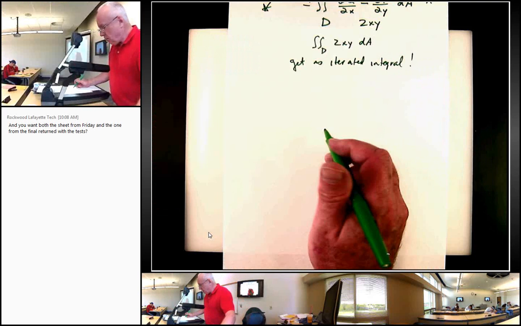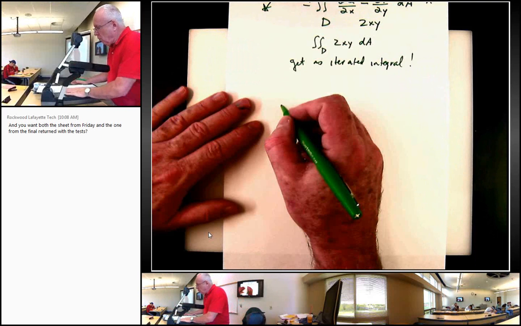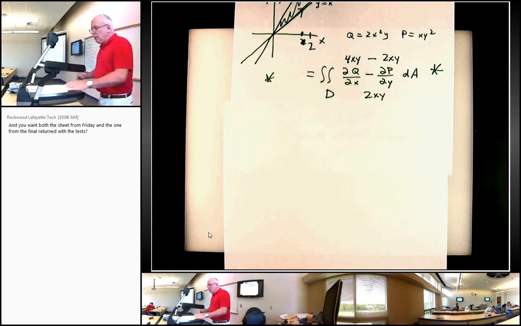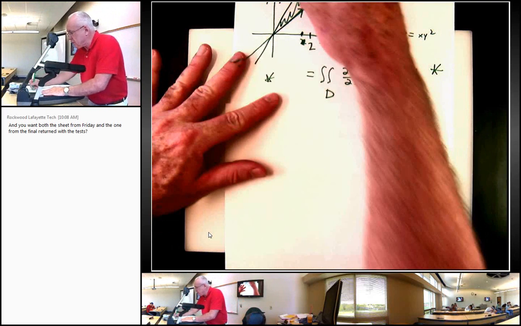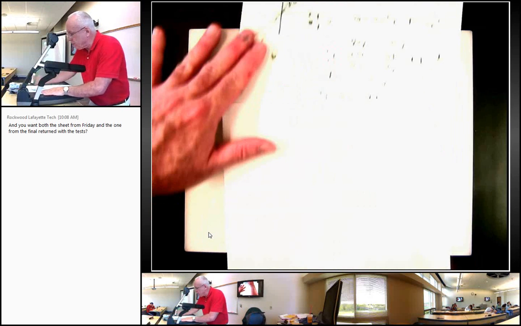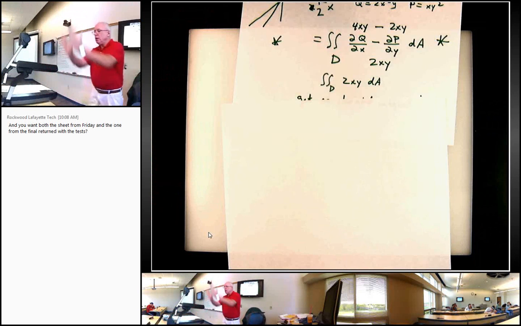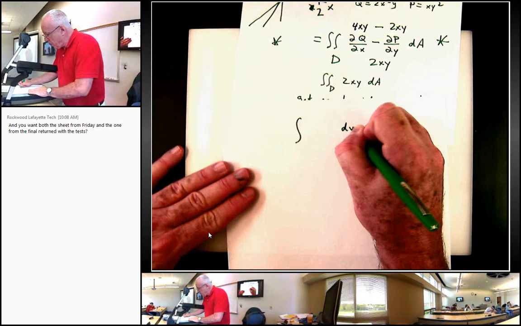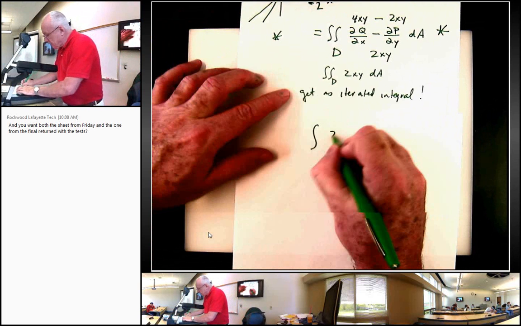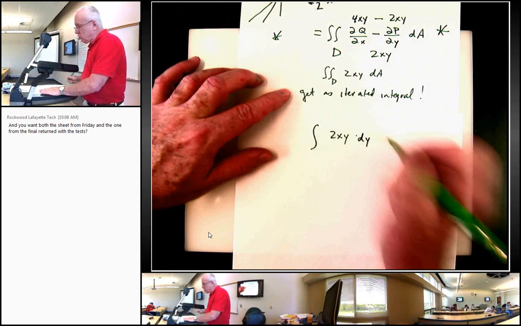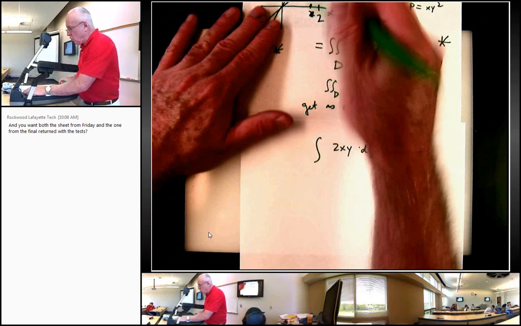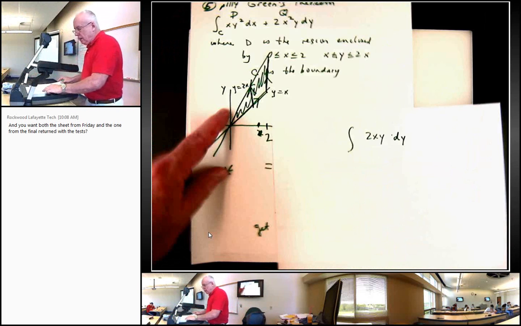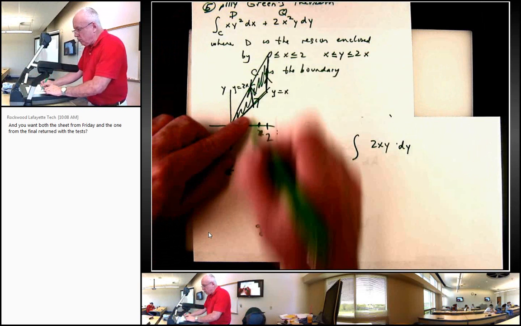All right, so let's see here. We're going to want to integrate this way, up like this first, vertically, with respect to y. So that's going to be 2xy with respect to y. Now, what's our lower and upper for y? Our lower one is y equals x.